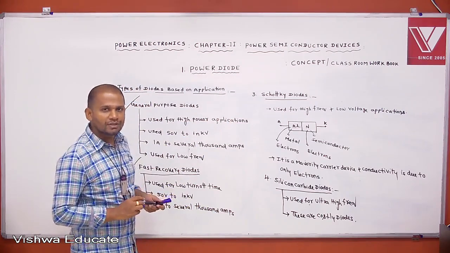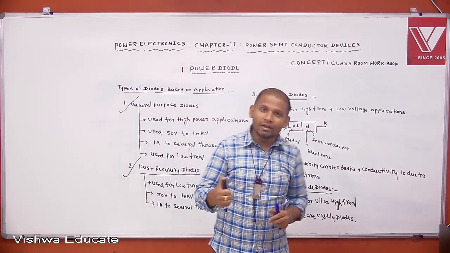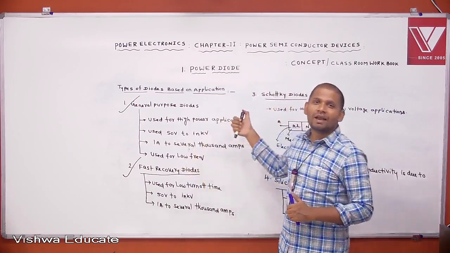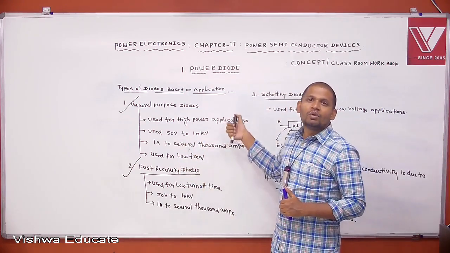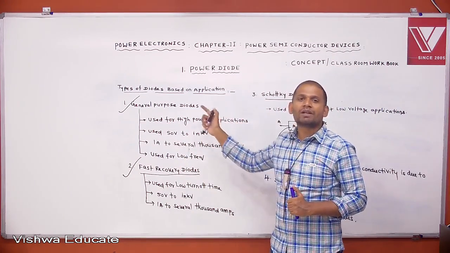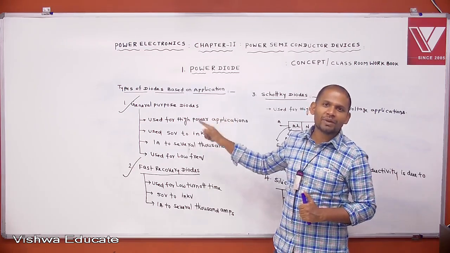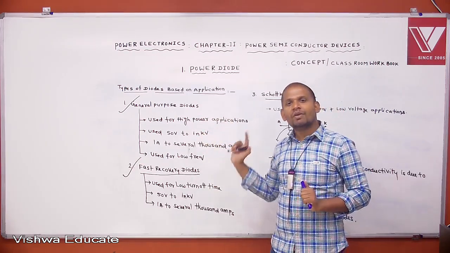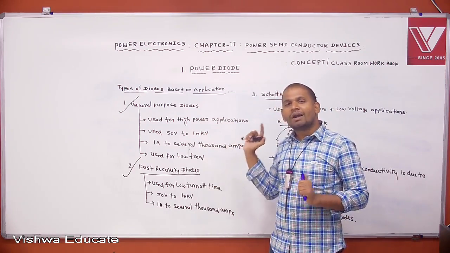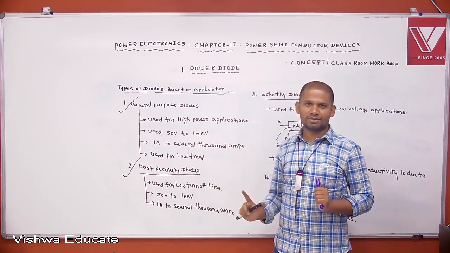Okay. With this, the concept of the power diode is completed. This knowledge is important to answer questions from a competitive point of view based on the power diode. The power diode concept is mentioned in various competitive exams. Whether you take GATE or IES or any PSUs, the power diode concept is mentioned in the syllabus.